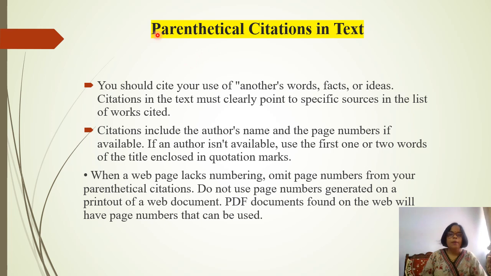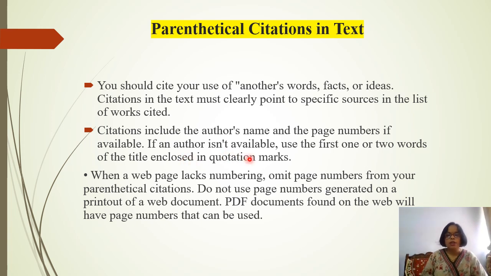Now, parenthetical citations in text. Others' words, facts, ideas may also be used by putting them in brackets, which is known as parenthetical citation in the text. This kind of citation also includes the author's name and the page number if available, in the same way as previously.